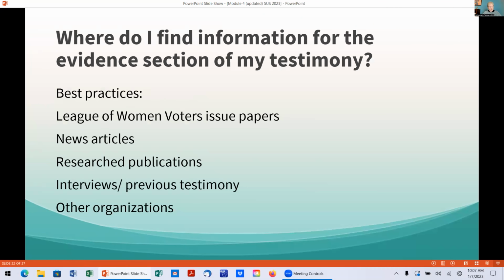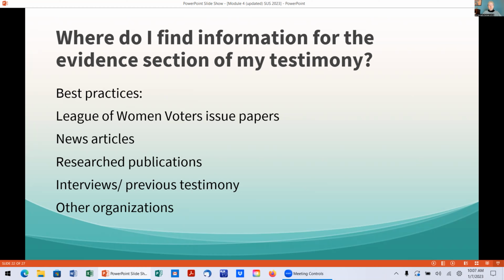Sometimes finding the facts or supporting evidence can be a challenge, but it can be made easier if you do a little bit of research. The issue papers that the League of Women Voters has are a great starting point for identifying issues and the facts and talking points around those issues. News articles are also a good source, although these days we have to emphasize the need to use reliable sources to fact check before you put it into your statement.